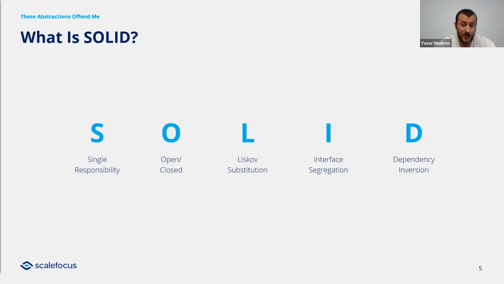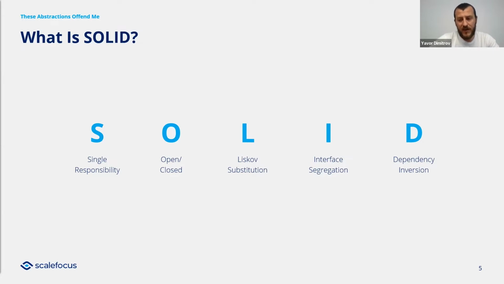The SOLID principles of object-oriented programming. This is basically development 101, or object-oriented development 101. I'm not trying to cover subjects that are for beginners, but I want to at least cover all of them and tell you why some of them are more important than others.